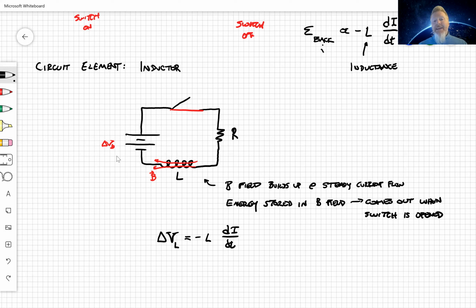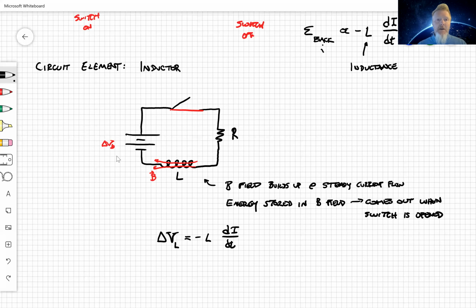So it only kicks when there's a rate of change of the current. And if there's no rate of change of current, then it just acts like a piece of wire, and the current just flows through it. It just so happens that it's wrapped around and is coiled. Therefore, there's actually a B field in the wire. And so when you try to then open the switch, that's when the di/dt starts. And then it tries to supply the current to keep the flux the same.